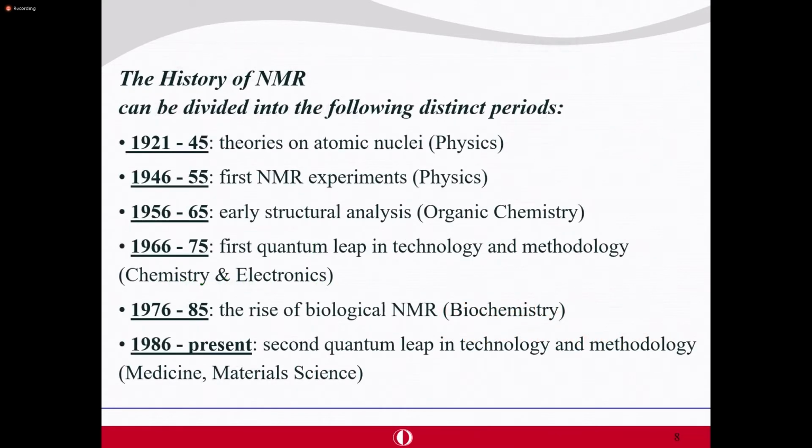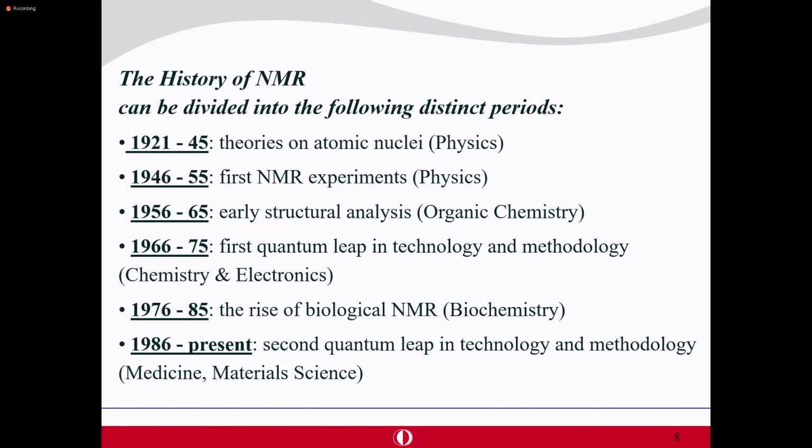The history of NMR can be divided into several distinct periods. Theories on atomic nuclei began in the 1920s, followed by the first NMR experiments and early structural analysis in organic chemistry. The first quantum leap in technology and methodology came in 1966, and in 1976 the rise of biological NMR, the use of NMR in biochemistry.